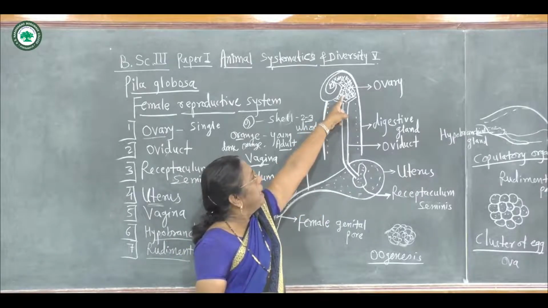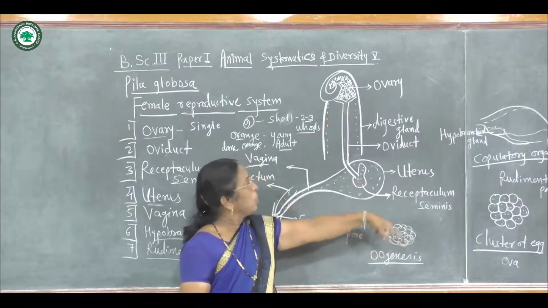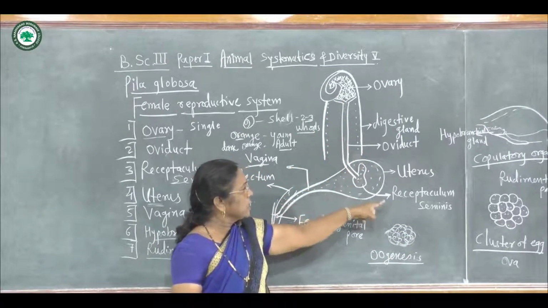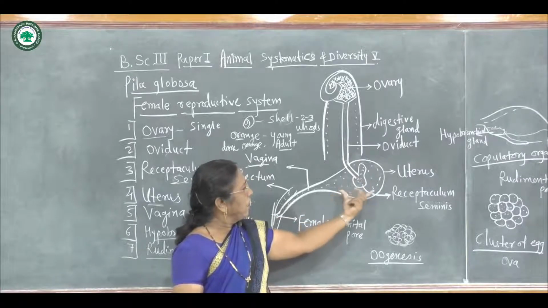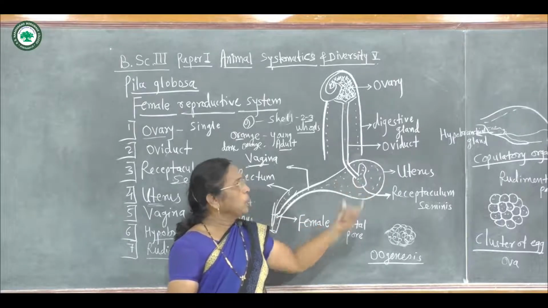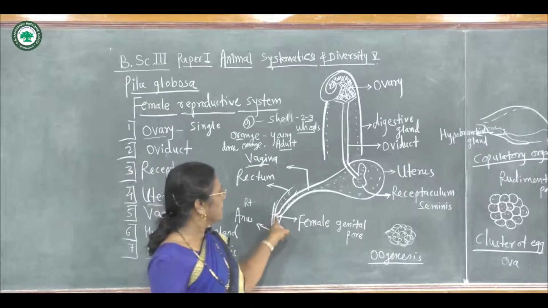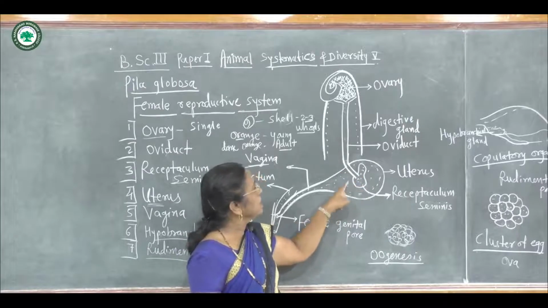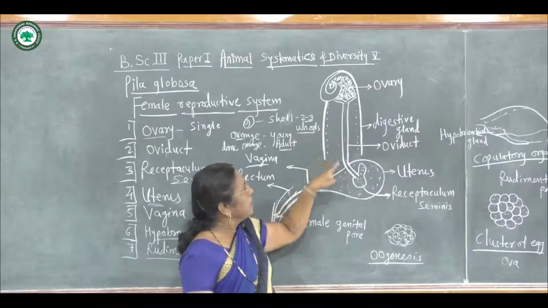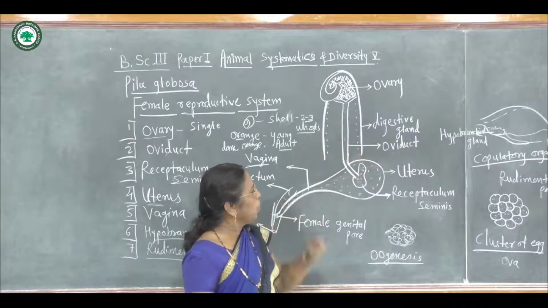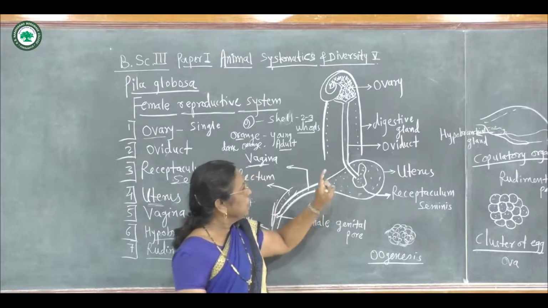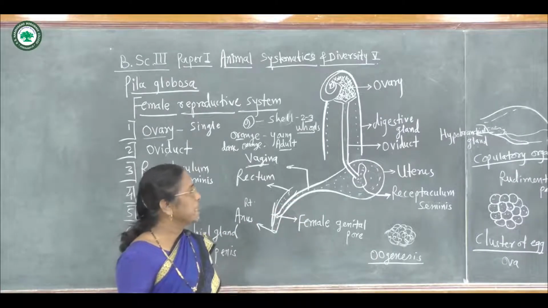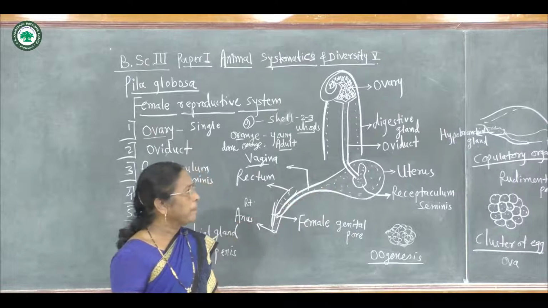From the female, the ovary produces egg or ova which are carried through the oviduct into the uterus, where union of both gametes takes place: the sperm received from the vagina during copulation, and the egg carried from the ovary through the oviduct. In the uterus, the egg and sperm unite and the zygote is formed.